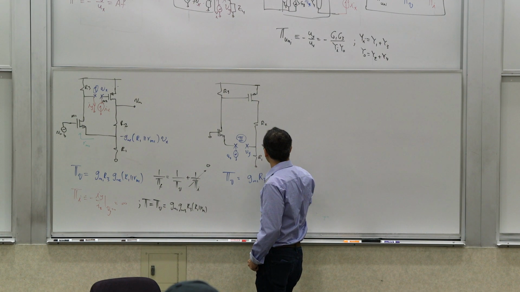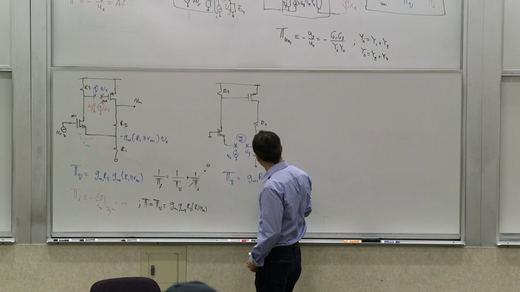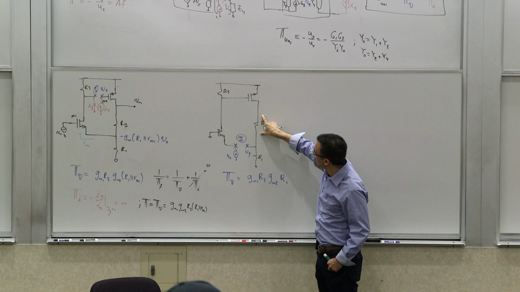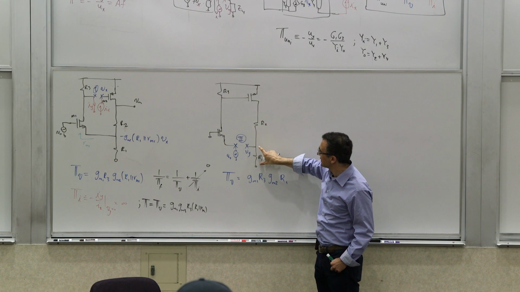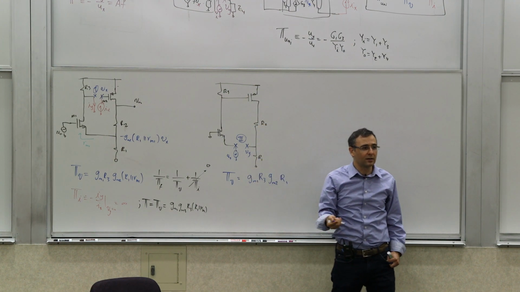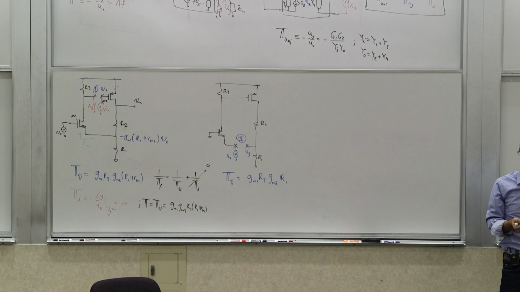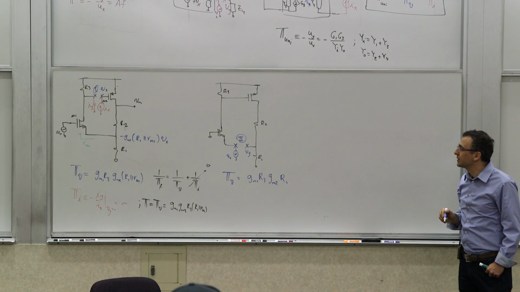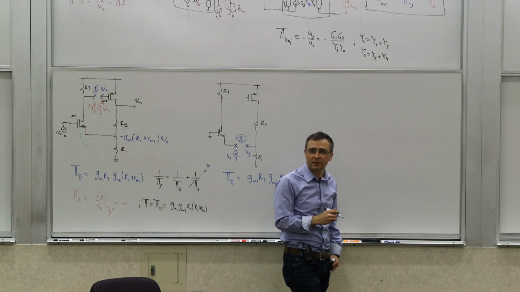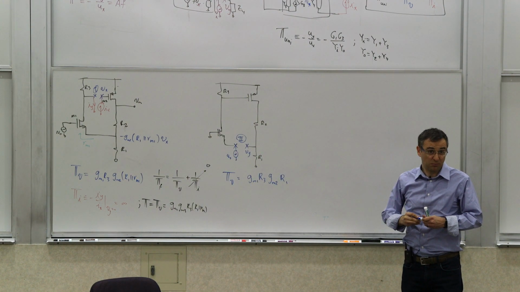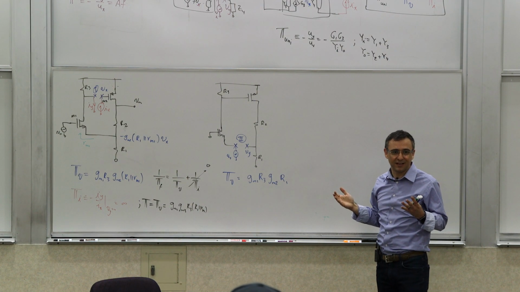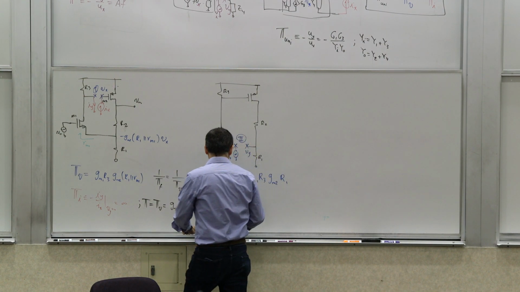But only the fraction of Gm2 that goes through R1 will produce the voltage. This part of the current doesn't produce any voltage. This is what matters to us. That current through R1 is what's going to matter, right? So that's the voltage loop gain. And you can see it's not the same as before, because we broke it at a different place, which implies, if our assumptions were correct, that the current loop gain should be finite, not infinity.